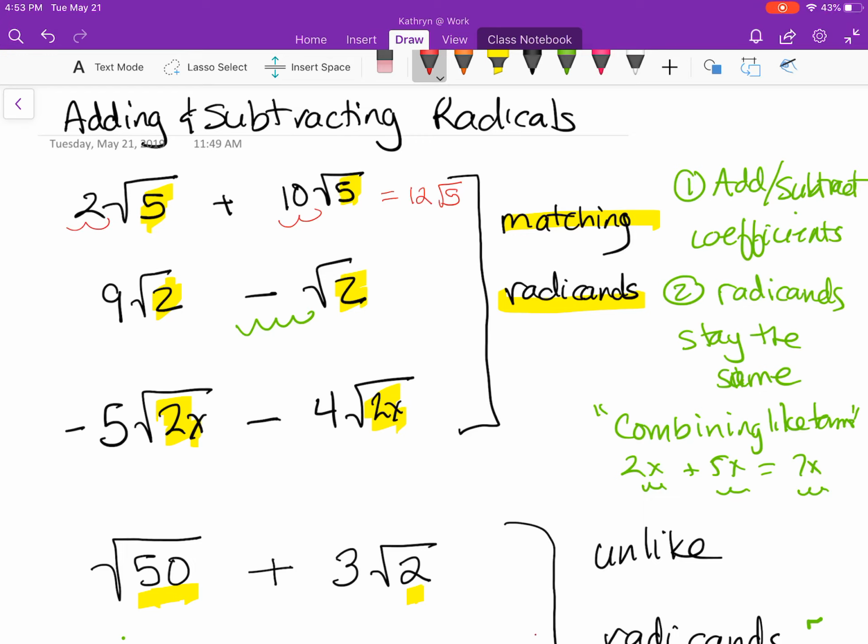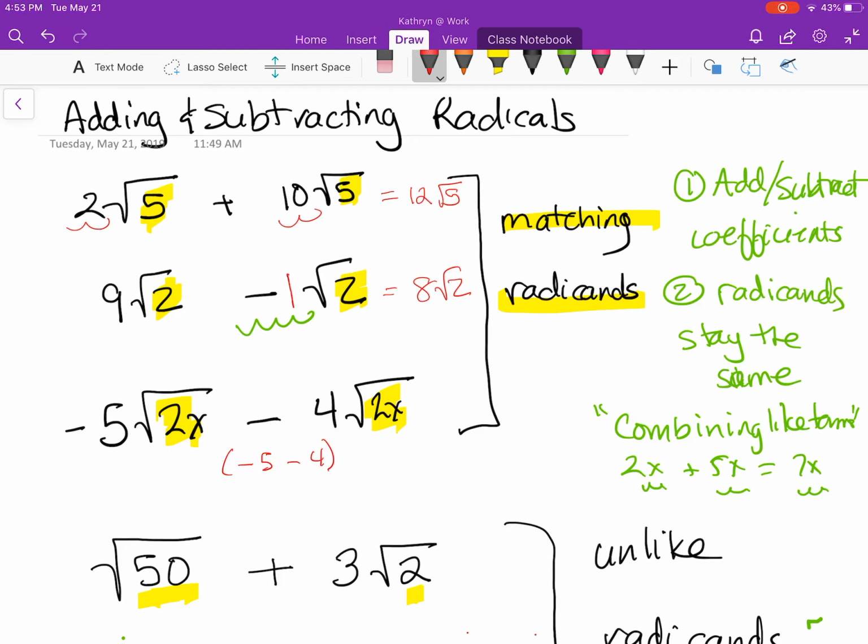I'm just adding the 2 and the 10. 9 radical 2 minus a radical 2. So there's that invisible 1 coefficient. Becomes 8 radical 2. And negative 5 radical 2x minus 4 radical 2x. So here's what's happening with that. I'm going negative 5 minus 4.